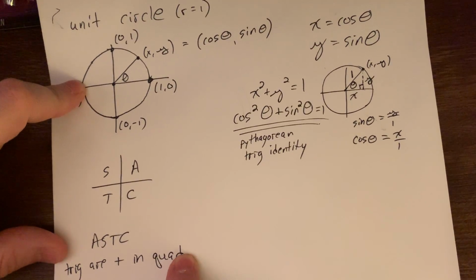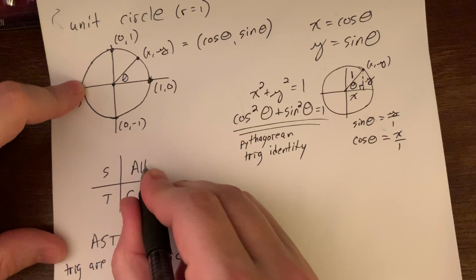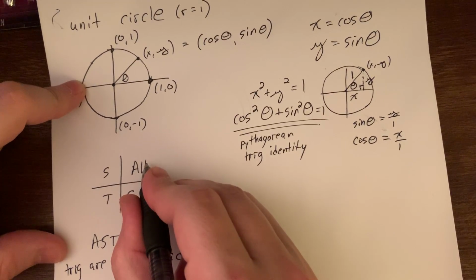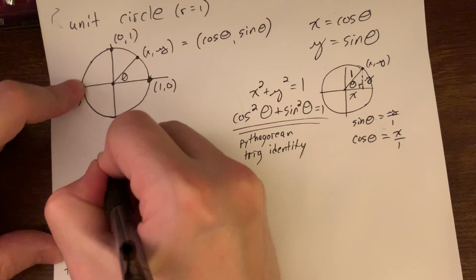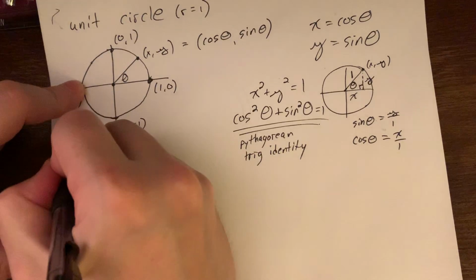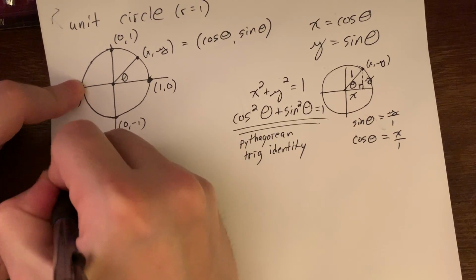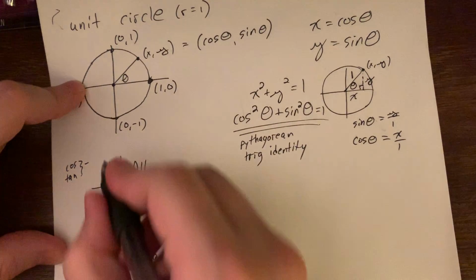The A stands for all. All the trig functions are positive in the first quadrant. Over here, S stands for sine. Only sine is positive, meaning cosine and tangent would both be negative in this quadrant.